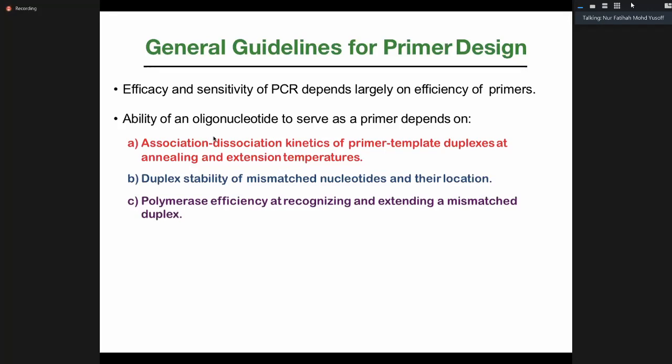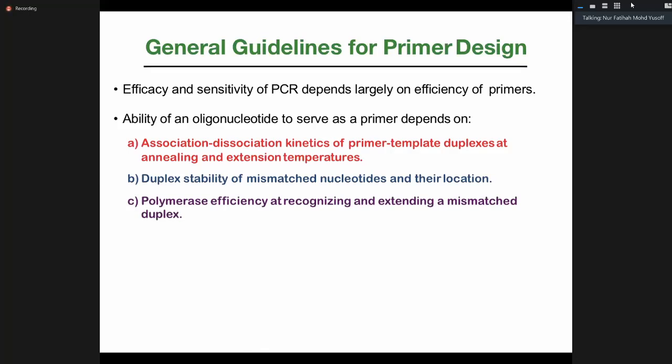Ability of an oligonucleotide to serve as a primer depends on, the first one, association and dissociation kinetics of primer template duplexes. So you have to look at the similarity and dissimilarity between your primer and also the templates.